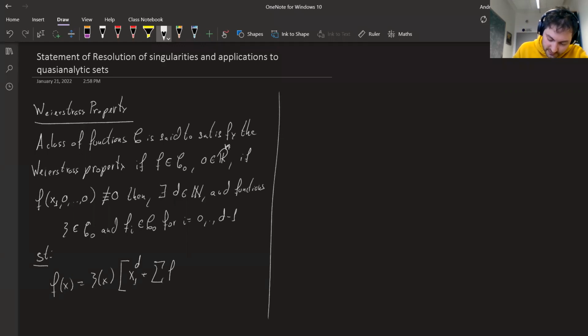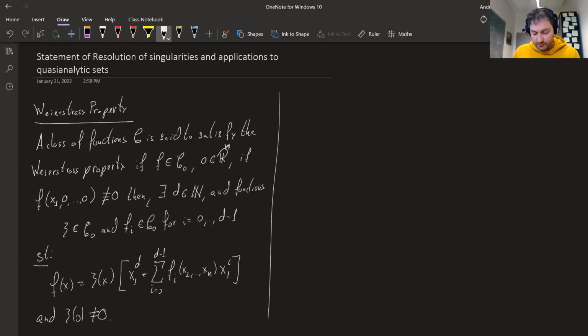What I didn't say there is that each one of these f_i's only depends on the variables x_2 to x_n, and c of 0 in this case is not 0, so it's a unit.